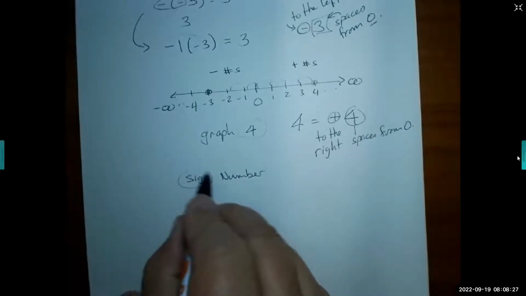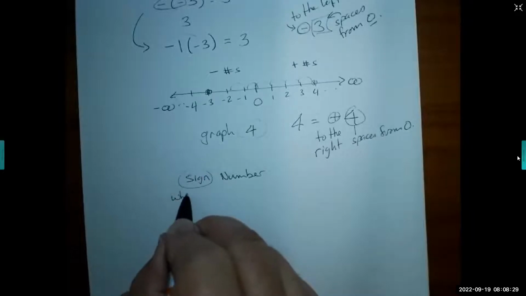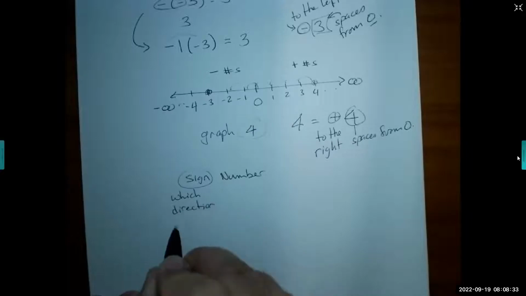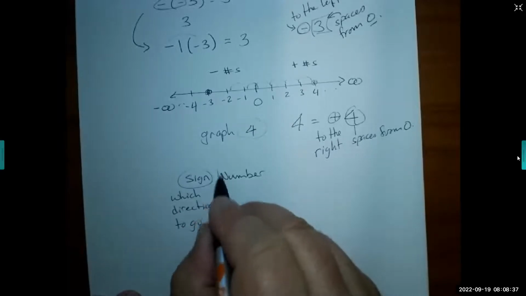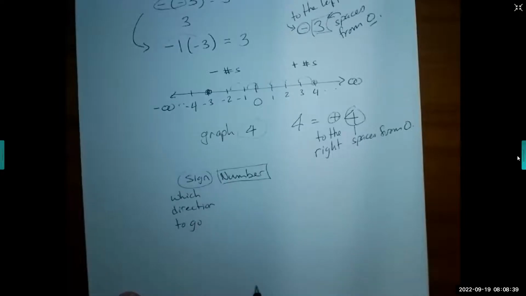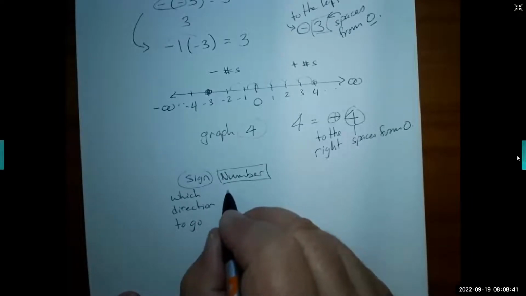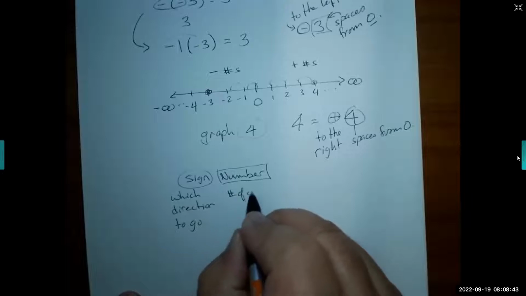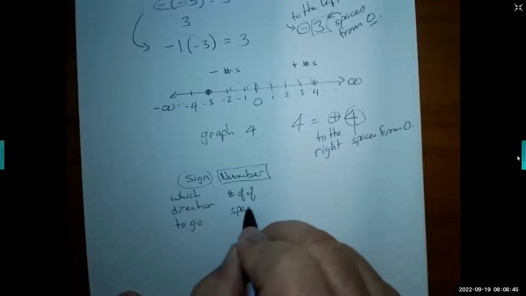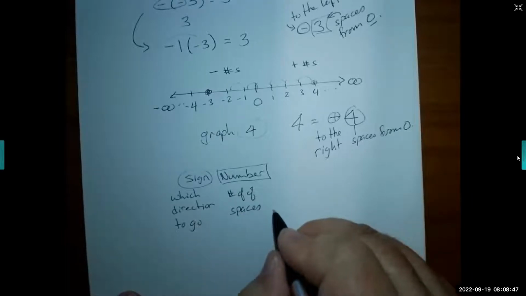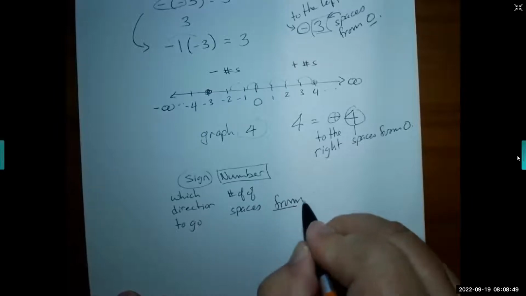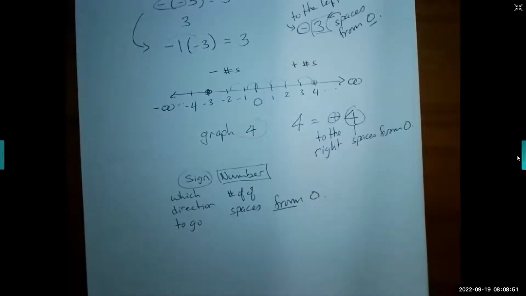The sign tells us which direction to go. The number tells us the number of spaces from 0. Why from 0?